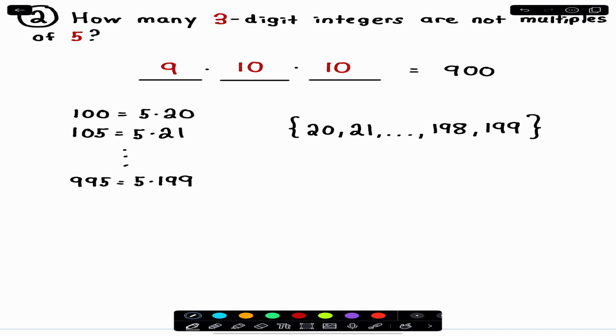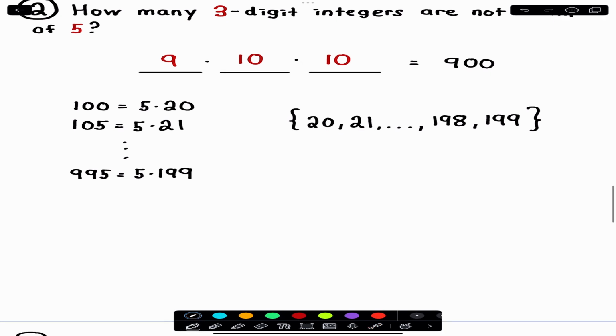So if you do not know how to count how many numbers there are from 20 to 199, where we go up by 1, there is this neat little trick where you just convert this into an easier list. You're going to do that by subtracting the same number from every term. We're going to subtract 19.